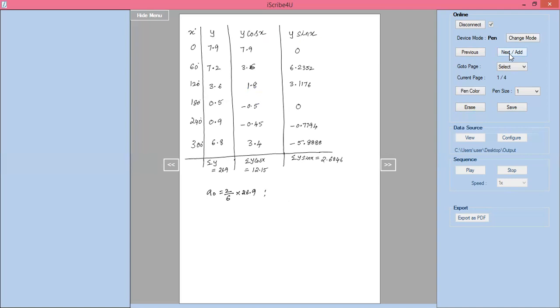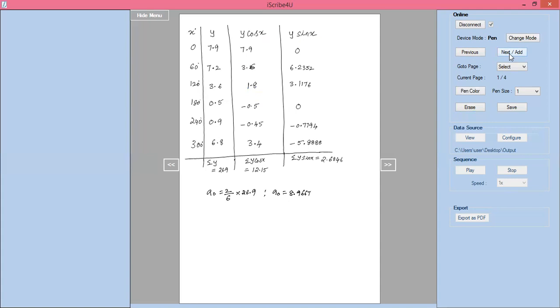So a naught equals 2 by 6 into 26.9. If you simplify, you will get 8.9667.